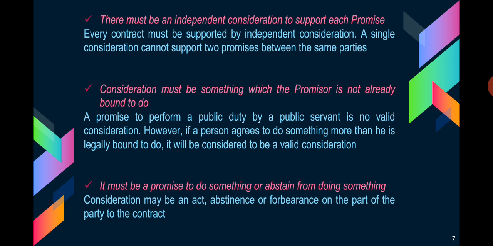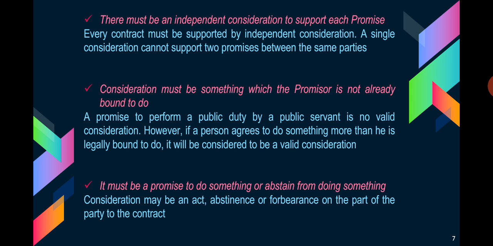Likewise, the consideration must be a promise to do something or abstain from doing something. To do something means it is a positive promise, that means I am giving you certain consideration, in return you perform some activity. Abstaining from doing something is a negative consideration, wherein you are asking that person to stop doing something or not to do something.